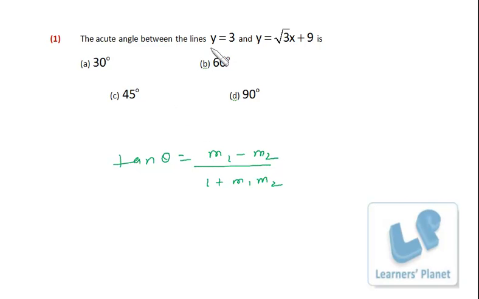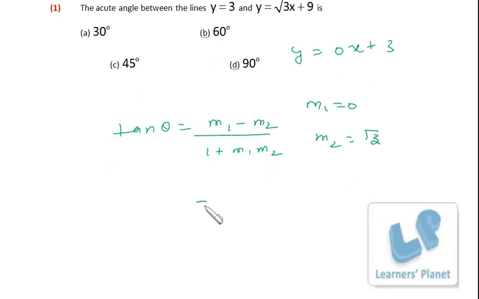Here m1 is equal to 0 and m2 is equal to root 3, because this line can be written as y is equal to 0x plus 3, so its slope is 0. So tan theta is equal to 0 minus root 3 upon 1 plus 0, so it is minus root 3.